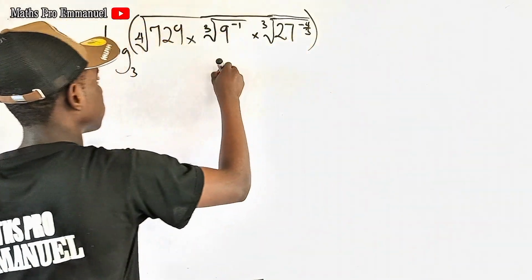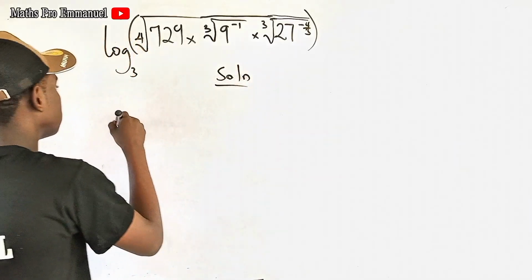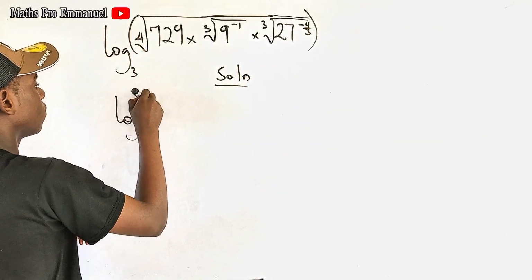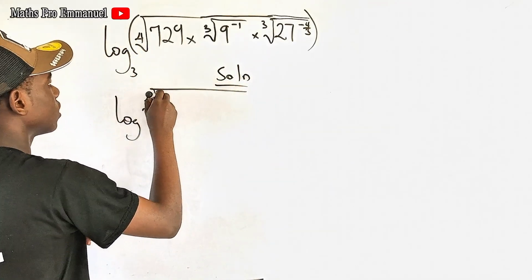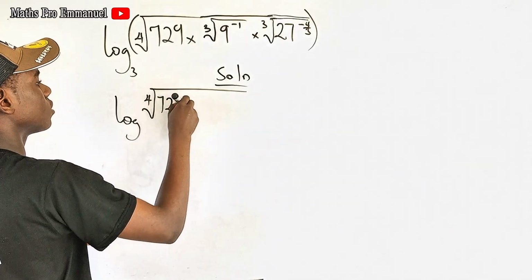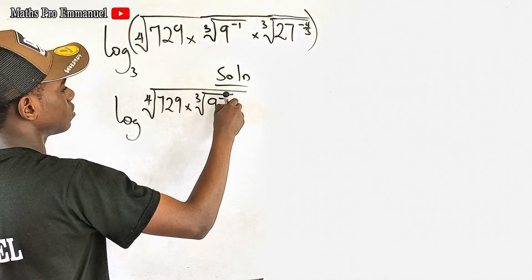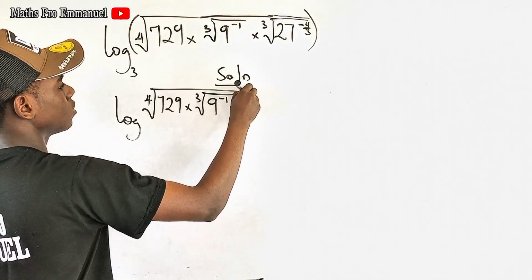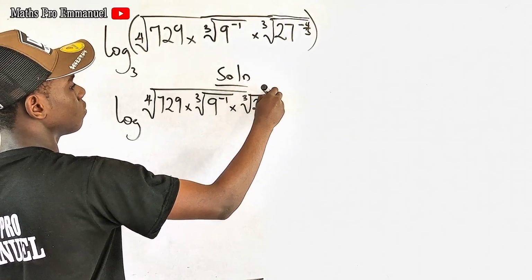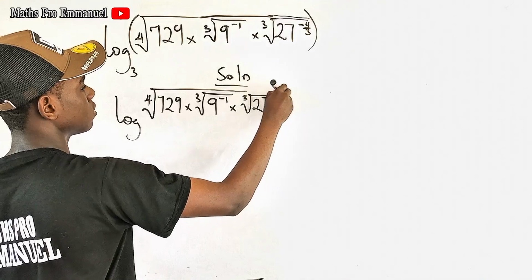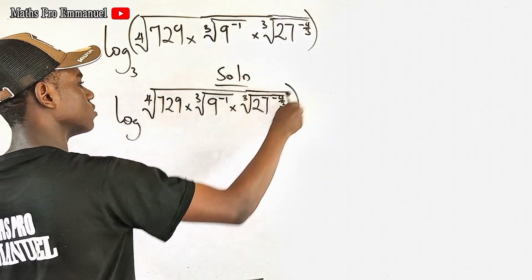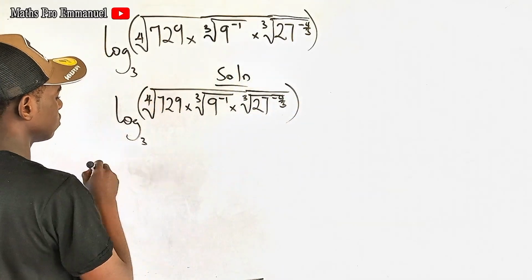Now let's start solving. So we have to simplify log of the fourth root of 729 times the cube root of 9 raised to the power of minus 1 times the cube root of 27 raised to the power of minus 4 over 3, all in base 3.